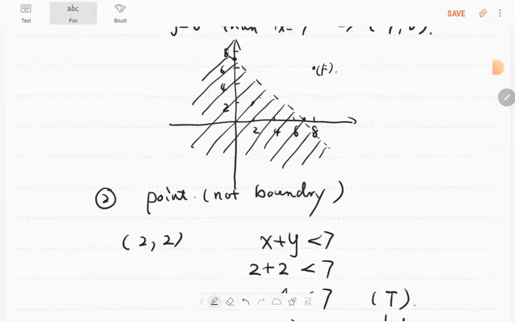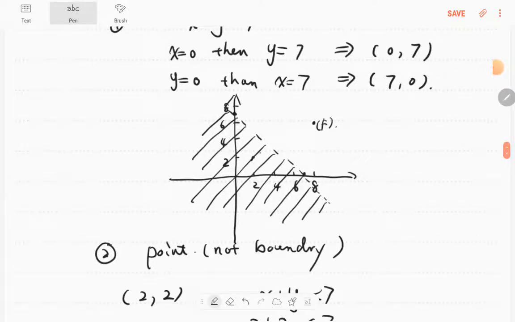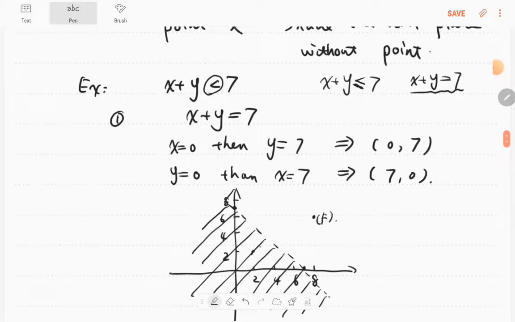So 2 things are important. The first one, we should determine if the boundary line is a dashed line or a solid line, depending on the original inequality sign. If it has less than or equal to, with the equal sign in it, it should be a solid line. If it's just less than or greater than, without the equal sign, that will be a dashed line.